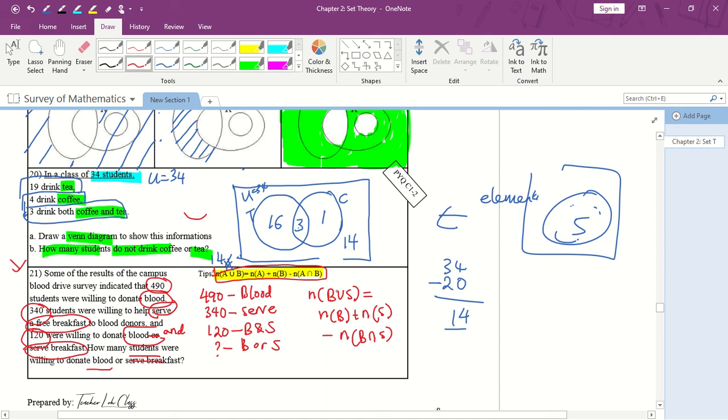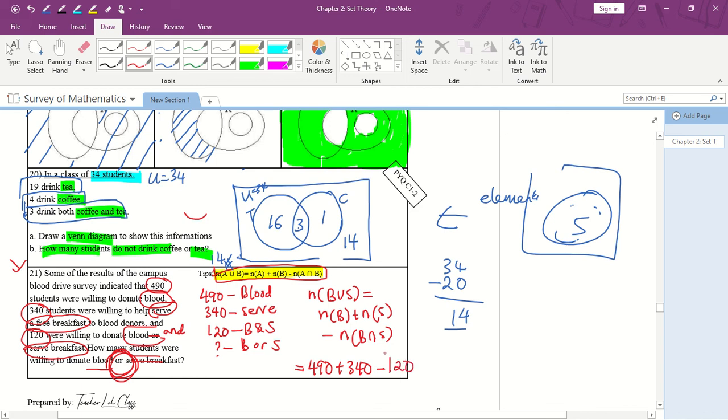So N(B union S), union is or, which is what we want to find now. So it is equal to N(B), the people willing to donate blood, plus N(S), the people willing to serve, and minus the people willing to do both, 120.